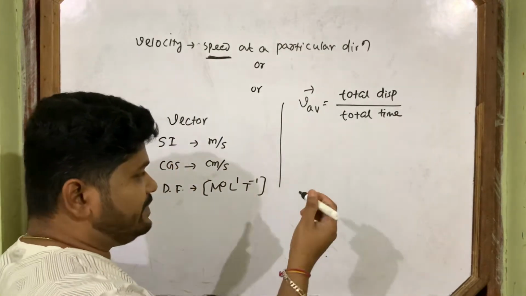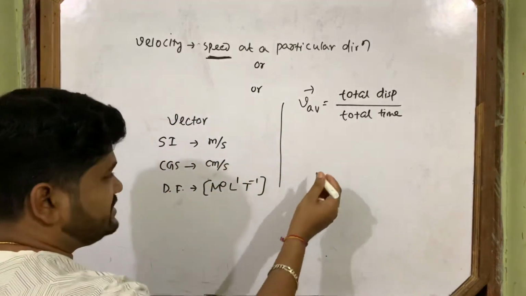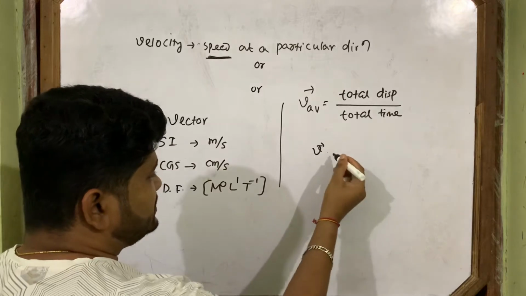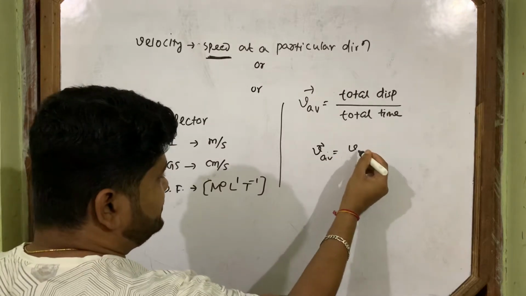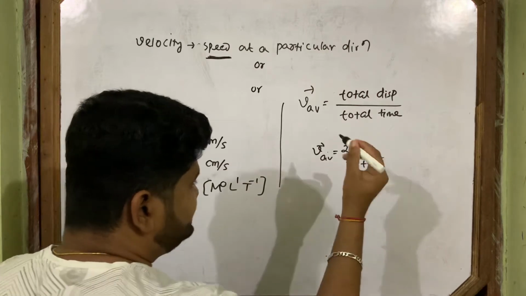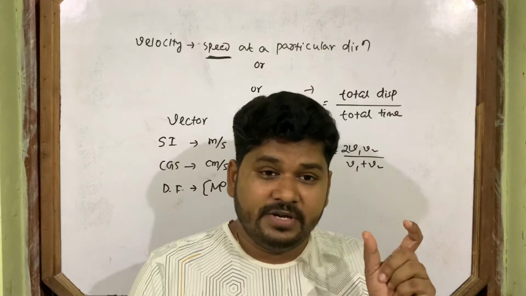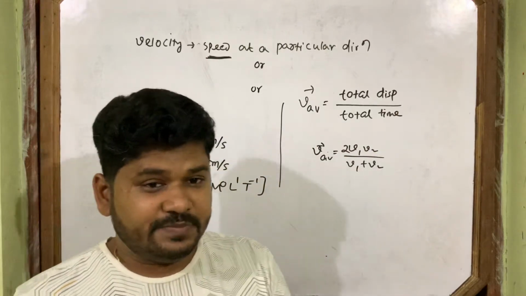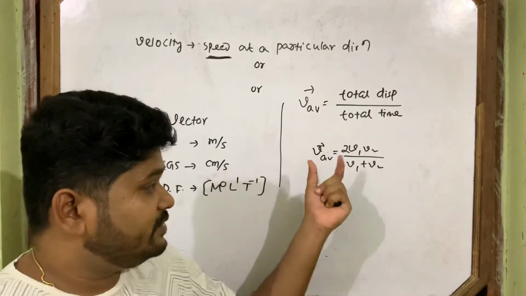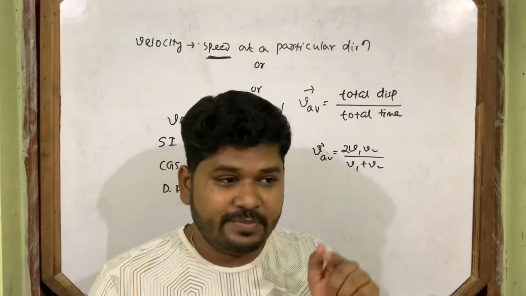The same formulas are also applicable for the time division and distance division cases. For the distance division formula, the average velocity is 2 V1 V2 by V1 plus V2, if the body covers half of the distance, half of the path, with V1 velocity and the other half with V2 velocity, in a particular direction.